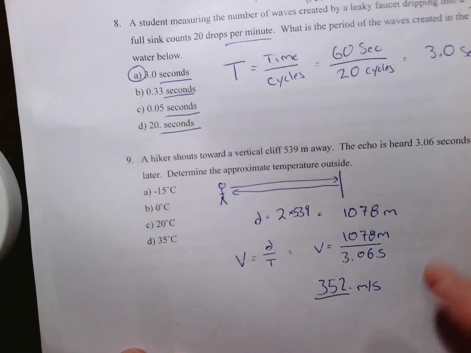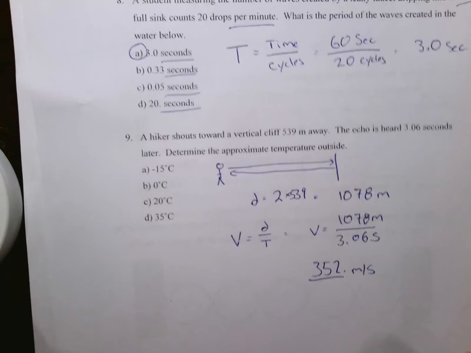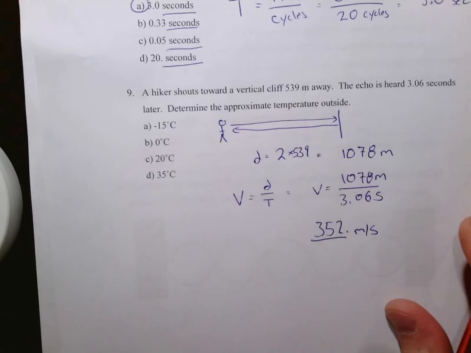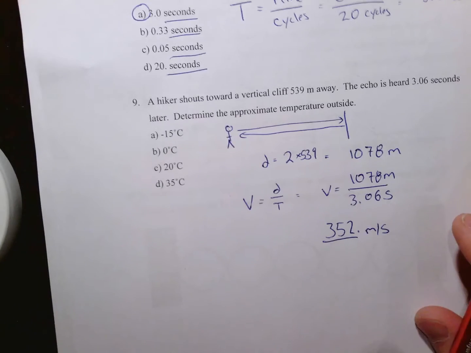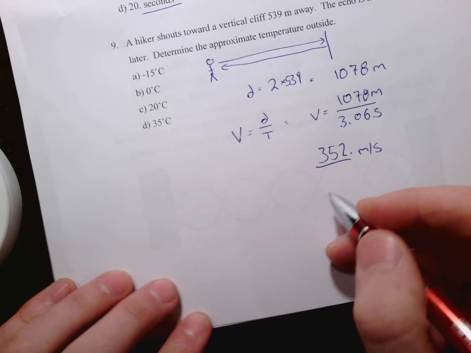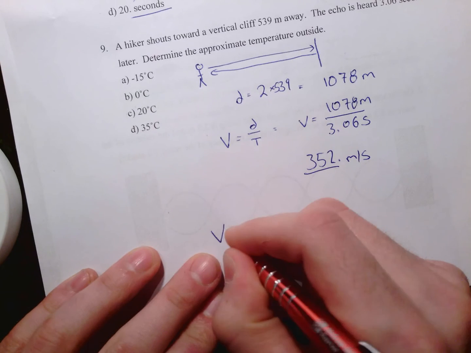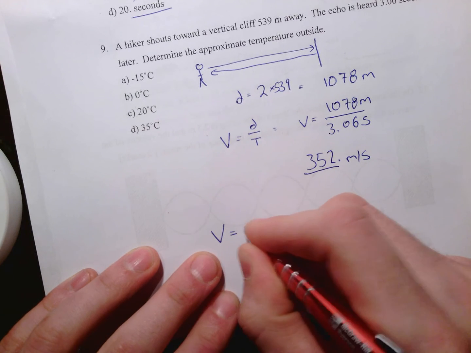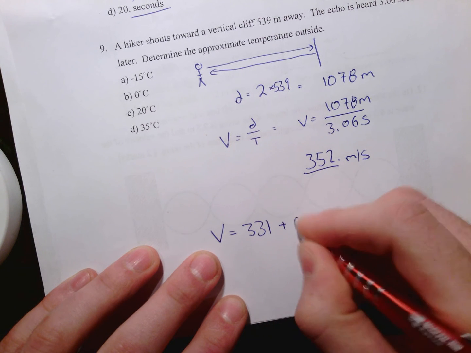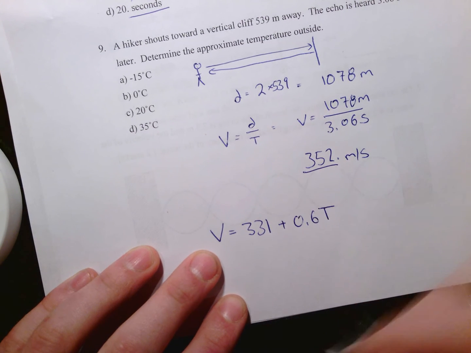Now, from here, what we have to do is use our equation for temperature, which was on the board as well. So the velocity of sound is going to be 331 plus 0.6 times the temperature.